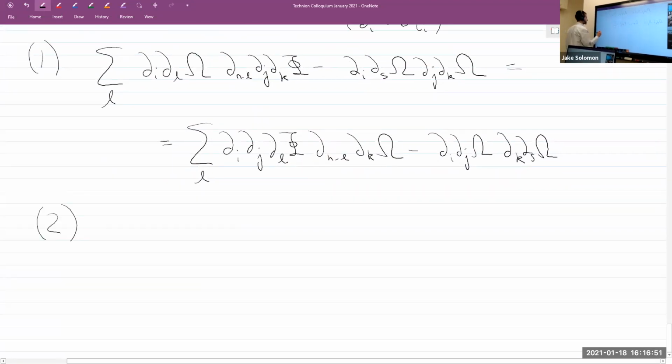And the second equation is we just put S instead of I everywhere where it can go.